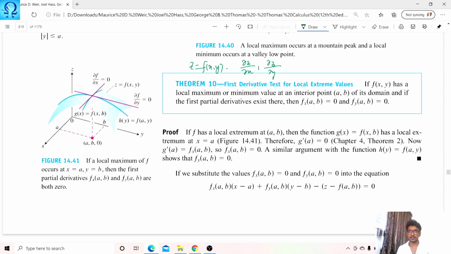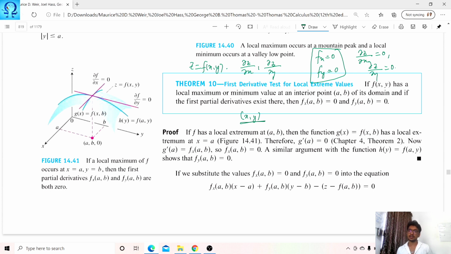That is, equate del z upon del x to 0 and del z upon del y to 0, or you may simply call them fx and fy. Equate them to 0 and identify the possible values of x and y, and those points will be the critical points.